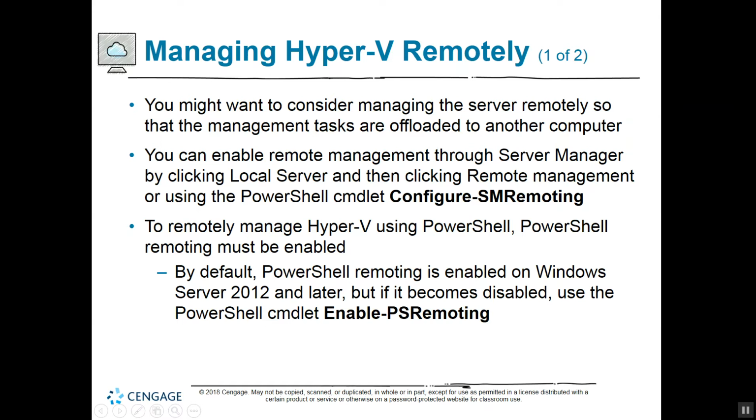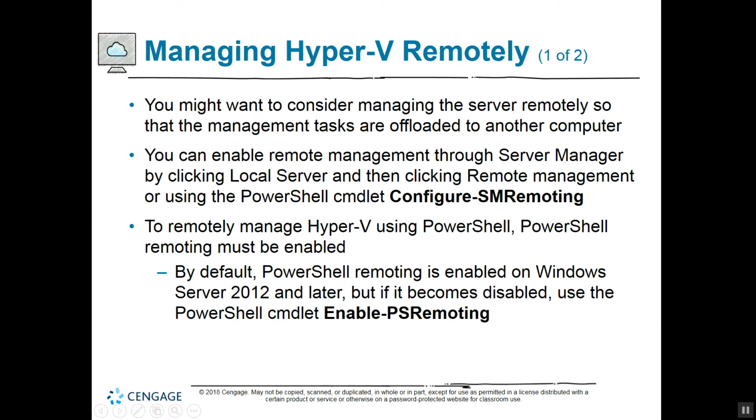You can enable remote management through Server Manager by clicking Local Server, then clicking Remote Management, or you could use the PowerShell cmdlet Configure-SMRemoting. To remotely manage Hyper-V using PowerShell, remoting must be enabled, and that's what we had up above.